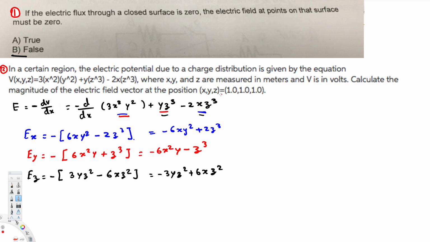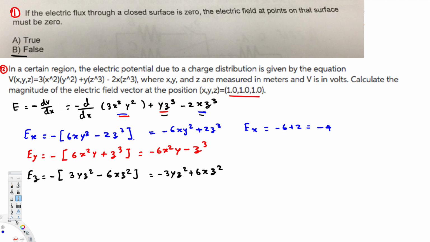Now here they have given that x, y, z are 1, 1, 1, at position 1, 1, 1. So if we substitute that value, that's going to give us the electric field in each component. Let's calculate the Ex first. If you plug in 1, you will get minus 6 plus 2. That's equal to minus 4, right?